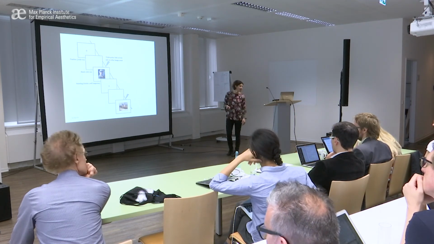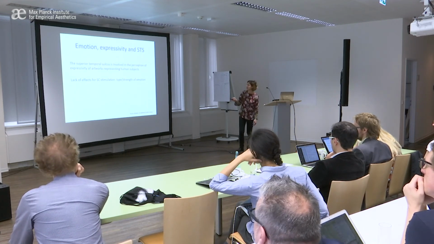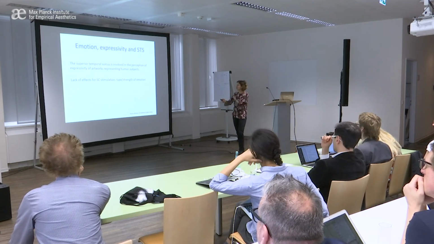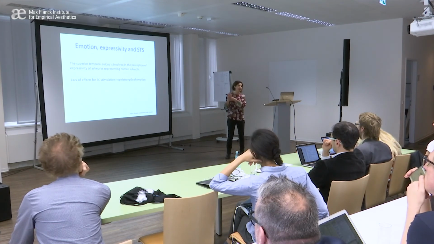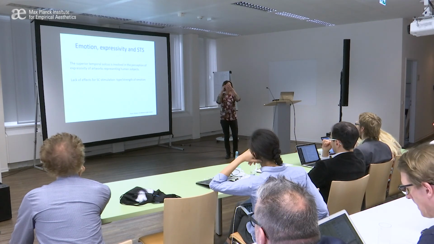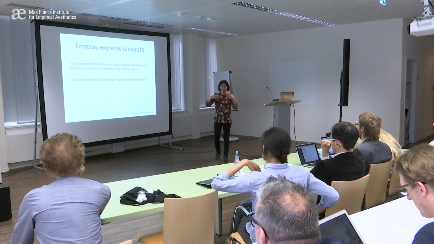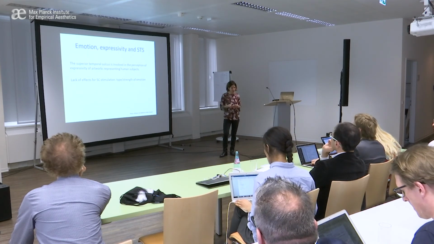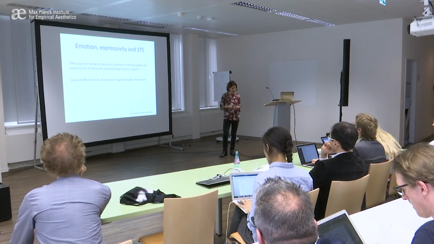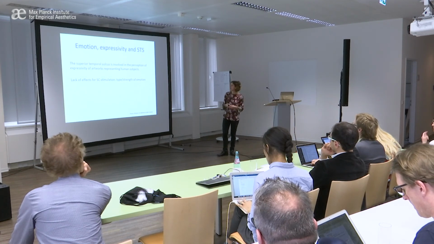And what we found was that stimulating the superior temporal sulcus reduced the perceived expressivity of paintings without affecting their liking. Again, we sometimes find effects only on perceptual judgments and not on liking judgments, and again, a lot of this needs to be better explained with more experiments.